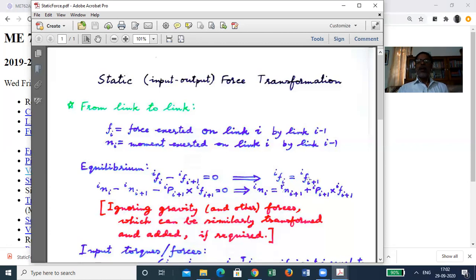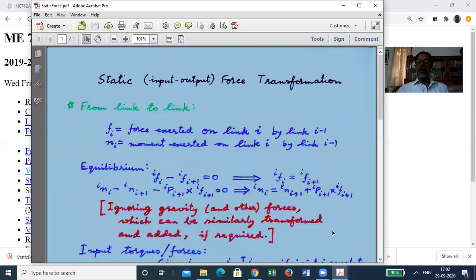So from these two equations, if you know the force and moment interaction between link I and I plus 1, then you know the right side. Right hand side of these two you know.